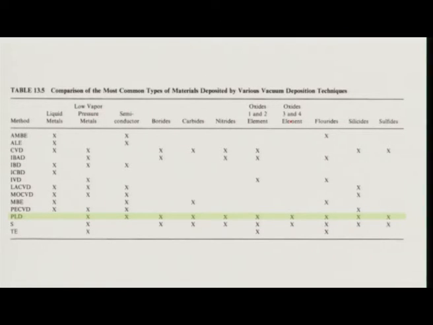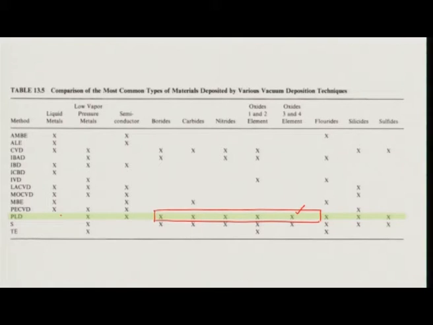This is the region of very large interest: oxides of 3 and 4 elements. Oxides of 1 or 2 elements you can deposit by only one or two methods, but you can use PLD to deposit oxides of 3 or 4 constituents, which is very good.